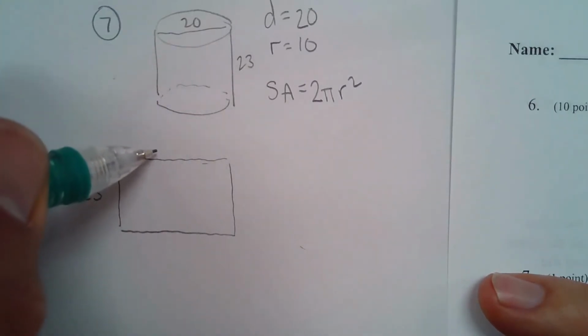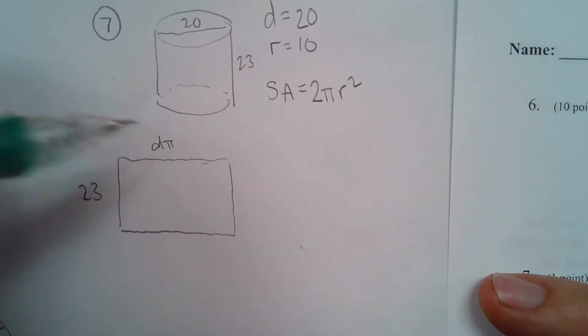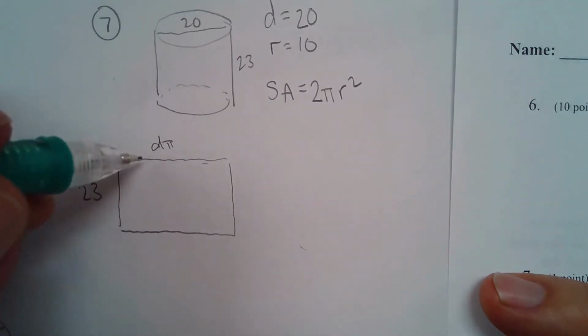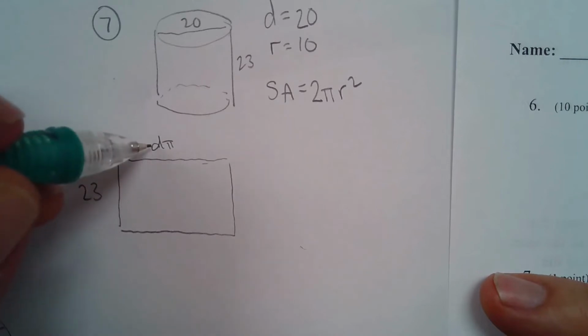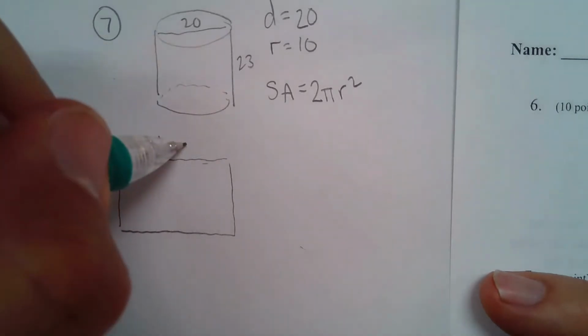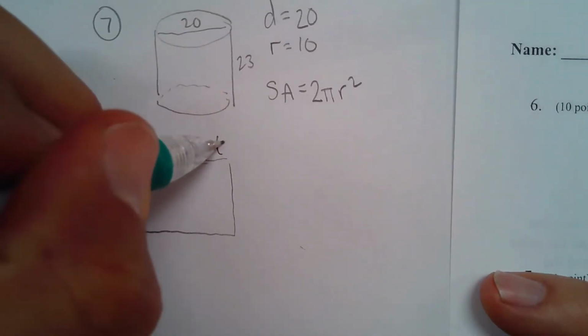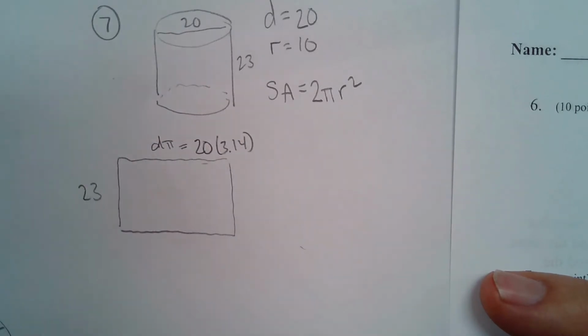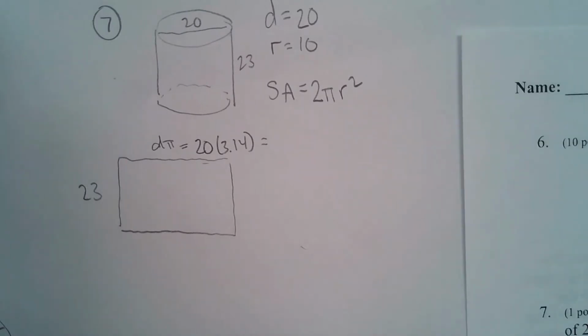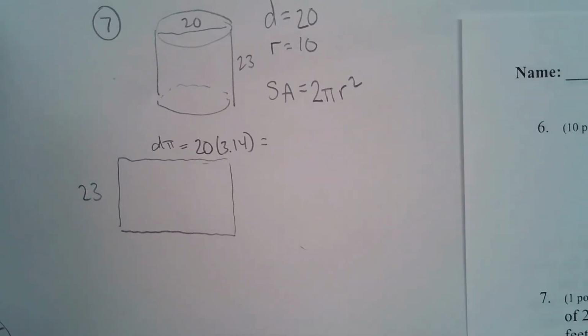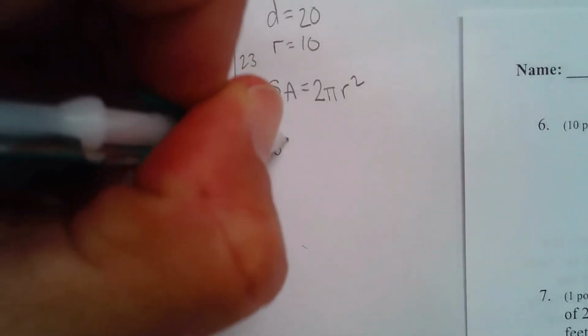And the circumference of the circle is diameter times pi. So to get the area of this, it looks like a rectangle, it's 23 times diameter times pi, which is the diameter was 20 times 3.14, which is 62.8, I think. 20 times 3.14 is 62.8.